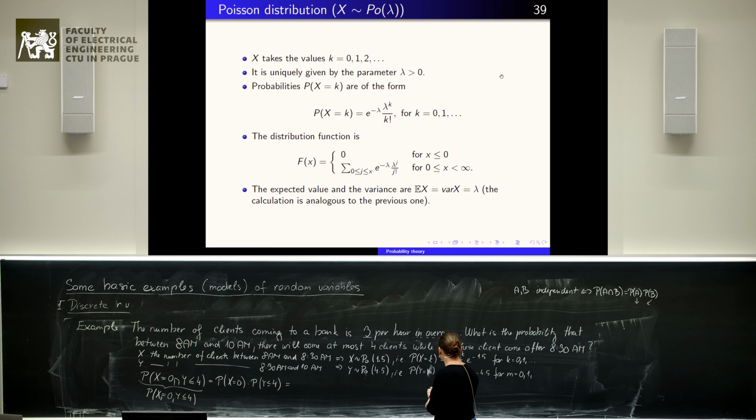The probability that X is equal to 0 is 1.5 powered by 0 over 0 factorial times e powered by minus 1.5.